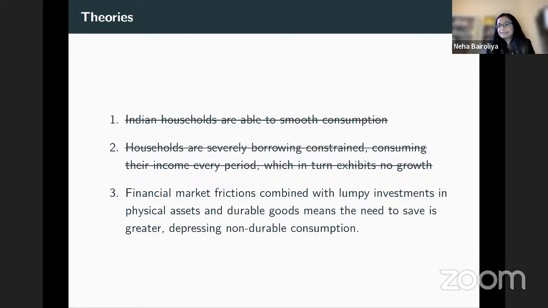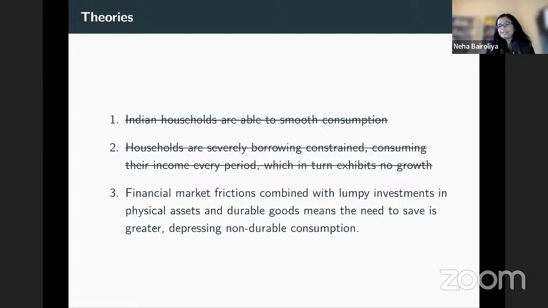There is a lot of growth in income for sure. The final hypothesis that we would like to explore, and which emerges as a potential candidate, is, what if there are financial frictions combined with a demand for lumpy investment in these durable goods or physical assets, which means that the desire to save is much greater and that could be depressing the non-durable consumption.